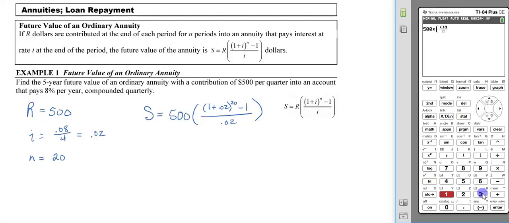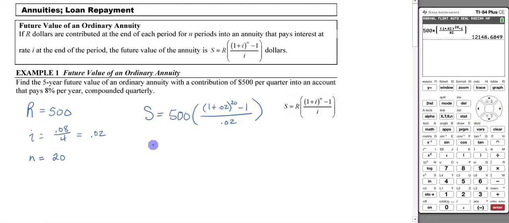That'd be 1 plus 0.02 to the 20, arrow right, minus 1, arrow down, and 0.02, close your parentheses, and we get a future value of $12,148.68.